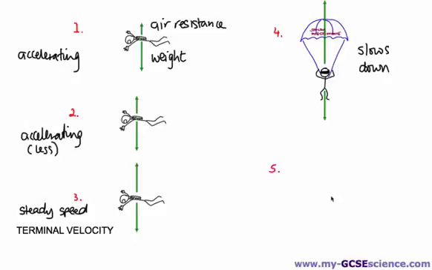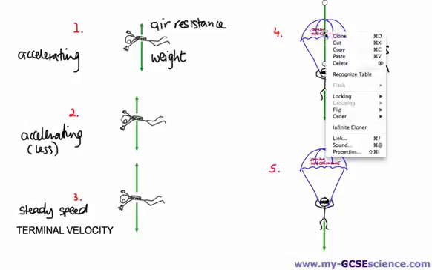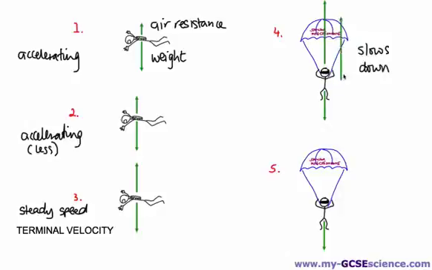And finally, after he has slowed down, what we get is the same downward force of the weight, but again, the forces become balanced. He's going much slower, so this is supposed to be the same size arrows going downwards, and again he reaches a new steady speed.